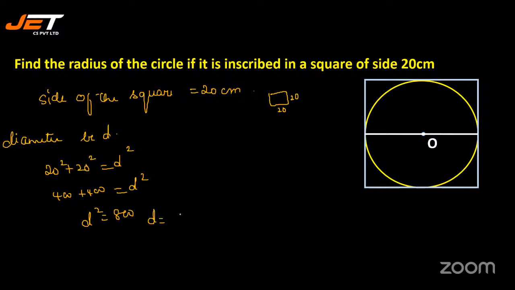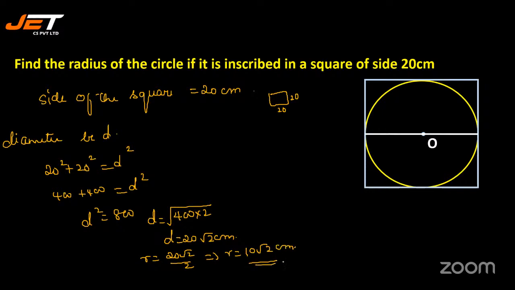So D is equal to 400 into 2. So 20 root 2 centimeter. So radius will be 20 root 2 by 2, which implies 10 root 2 centimeter. All right. So now with this, let's move on to the next sum.